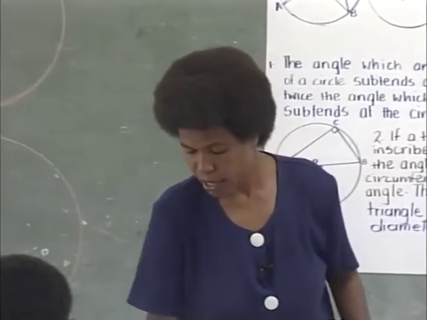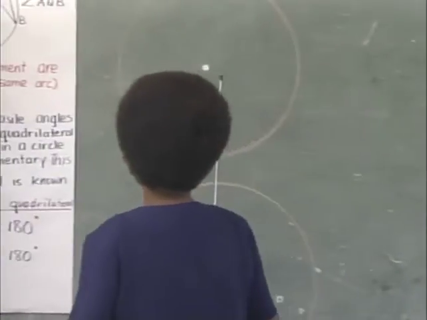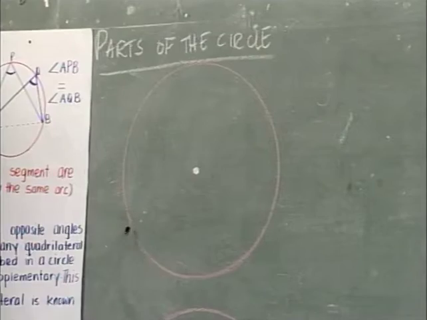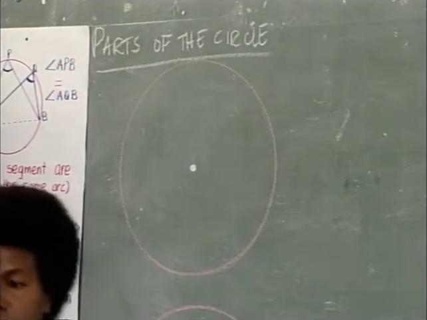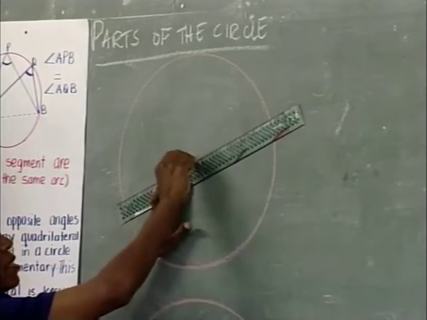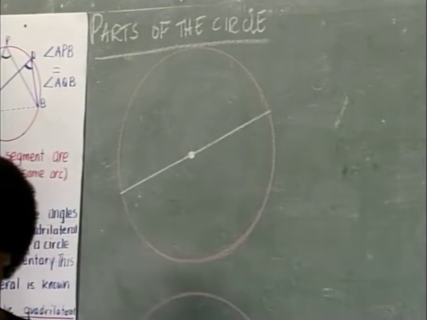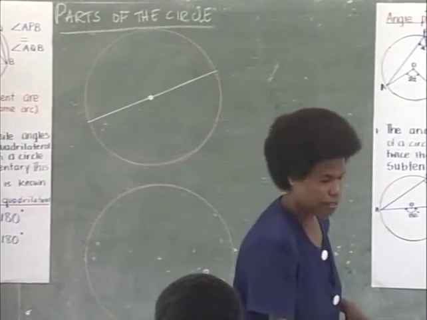Here is a circle that I have here. I've drawn two circles for you. This is one of them. The diameter is drawn from one end of the circumference. It has to pass through the center and to the opposite end of the circumference. So, right, that's what the diameter is.